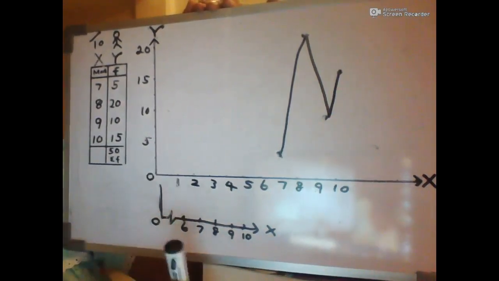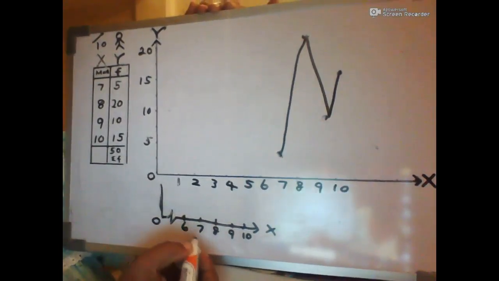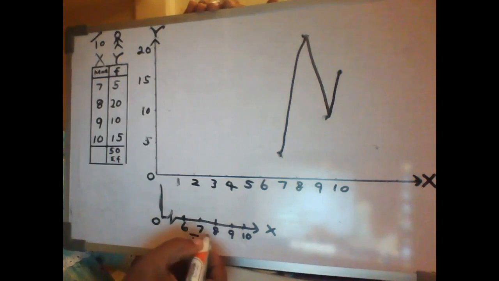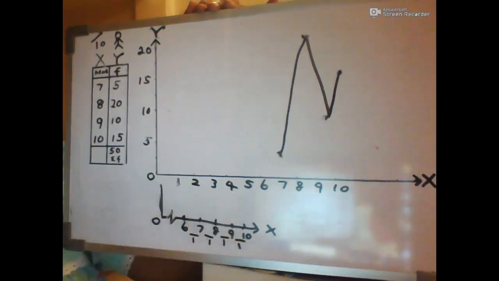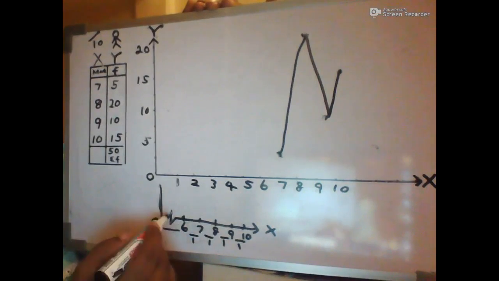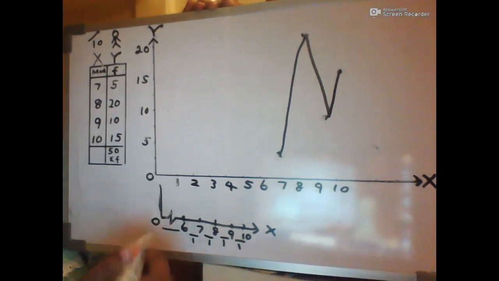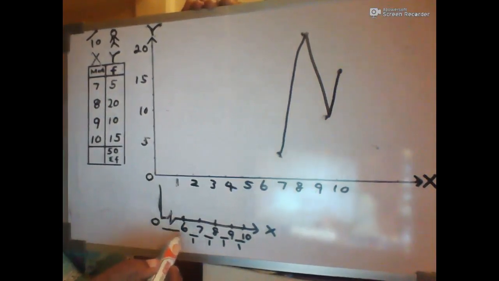Now, for example, take the difference here. 6 to 1, there's 1. Here, 1 mark, 1 mark, 1 mark, the difference. Now here, 0 to 6, that's not 1. That's why we have put this scallop. You can do the same with the y-axis also, right? So usually you'll have to do like that when you are drawing the graphs.